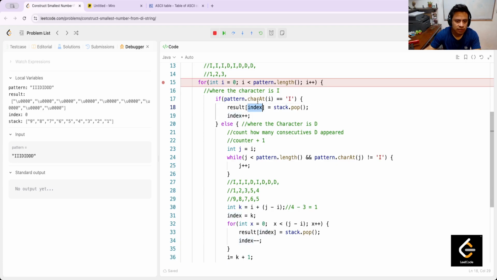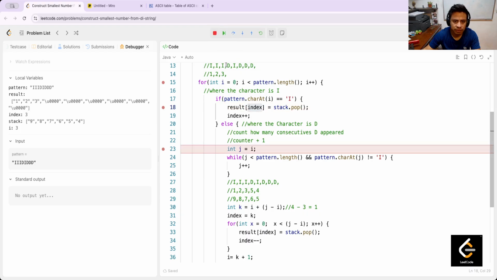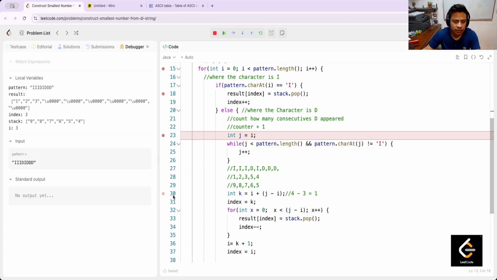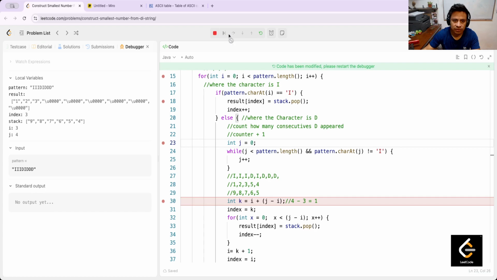This case is the problem. First, 1, 2, 3, and now the 4 appears here, because this is D. Now here I need to count 2. Okay, in this case j is equal to 4. Why 4? Sure. Sorry.